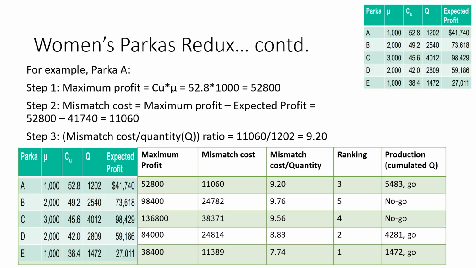So in this one, if you add the fourth, Paka C, the quantity is 4,000, and then it's up to 10,000. It's going to be no go, compared with 5,000. So as soon as we add just a little bit too much, we skip that whole item.